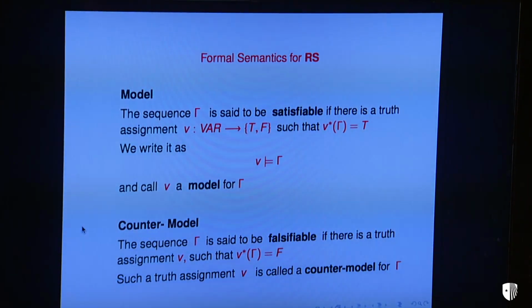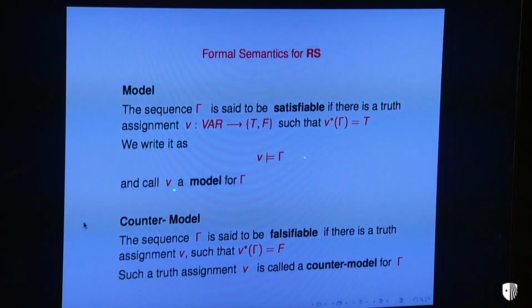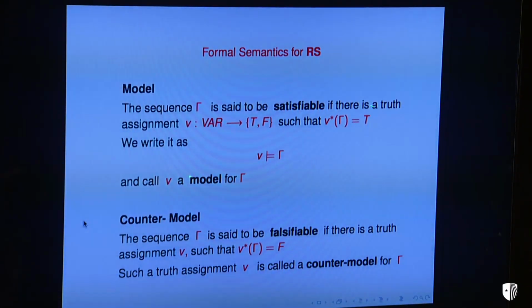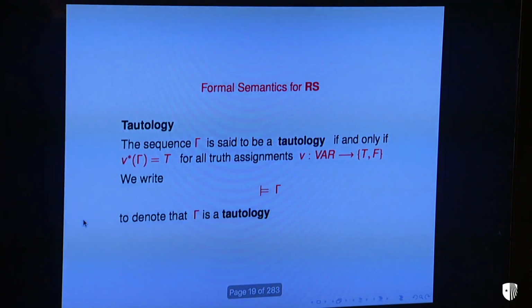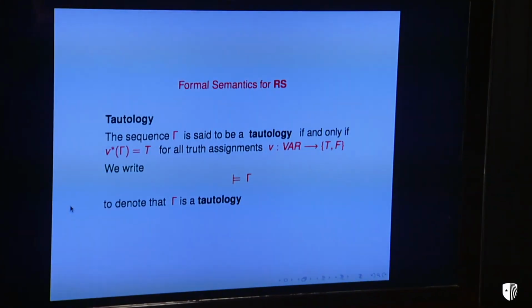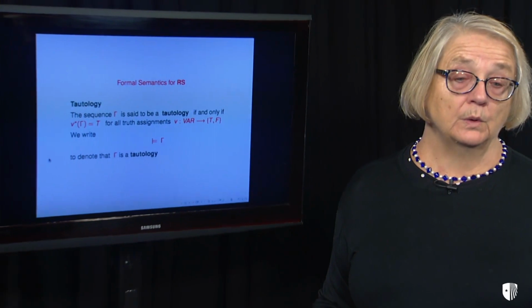And then normally we define the model. We say that v is a model of the sequence gamma if v star gamma is T, and v is a counter-model if v star gamma is F. We can say this because we are in classical semantics. And of course, the definition of semantics leads to the definition of tautology.